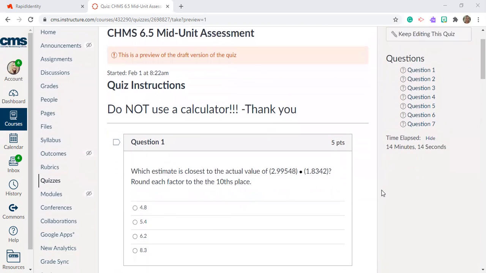Which estimate is closest to the actual value of 299,548 hundred-thousandths times 1 and 8,342 ten-thousandths? Round each factor to the tenths place.